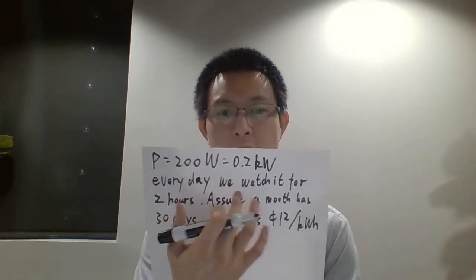First of all, we still do unit conversion. We convert to kilowatt and hour so that we can do our calculation. Now P equals 200 watts, which is 0.2 kilowatt.